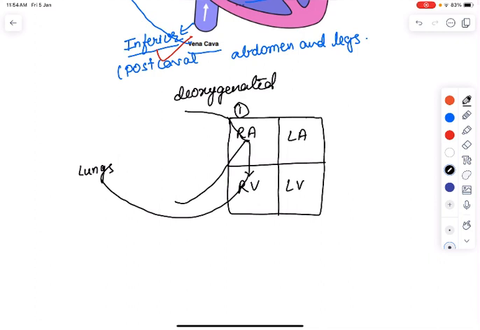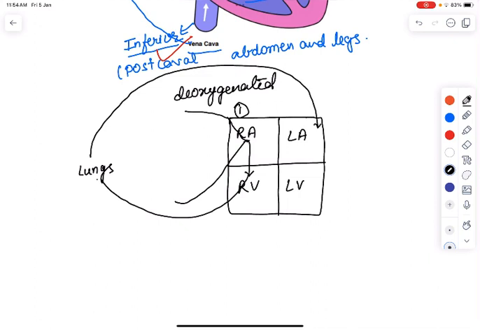I will explain with the diagram also, but before that I will explain how the blood will flow. So from here, right ventricle, the blood will go to the lungs, and this will be deoxygenated blood, and from the lungs the blood will purify, it will get oxygen, and it will go to the left auricle.